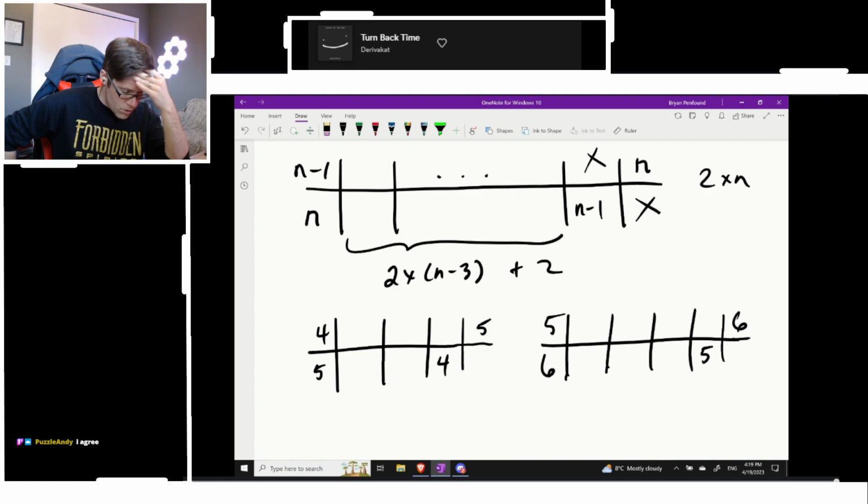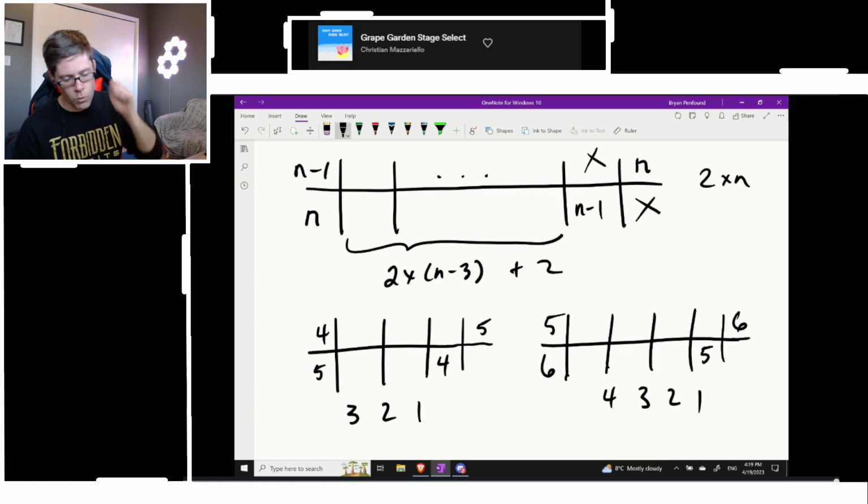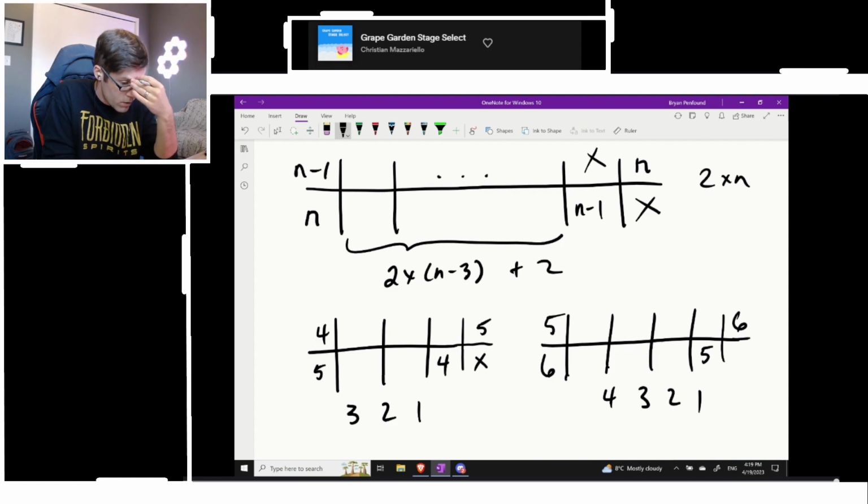So a 2 by 2. So what are the numbers we have left here? Here we would have 3, 2, and 1 left. Here we would have 4, 3, 2, and 1 left. Now 1 can't go in this box, but 2 or 3 could. So 1 can never go in this box. So 1 is always going to be forced to take up space somewhere else.